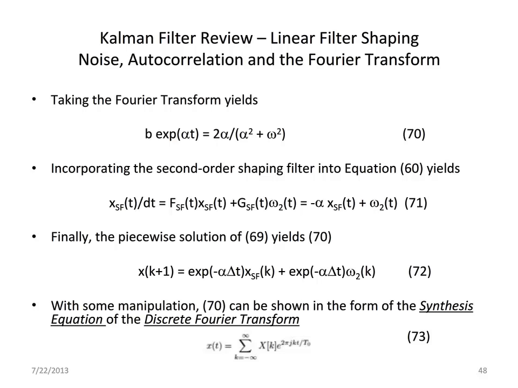Now, the disturbance input to the physical system or the plant is represented by the measurement omega 1 at time t of h of t times x at time t, where the C matrix at time t equals that H matrix at time t. The resulting linear shaping filter takes the form of equations 63 and 64.